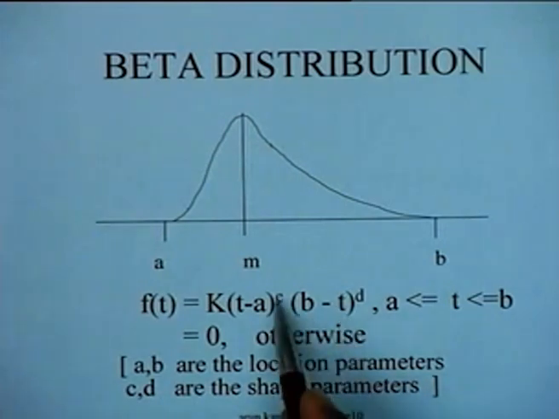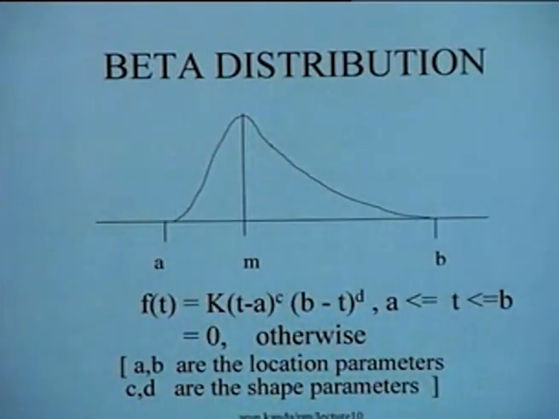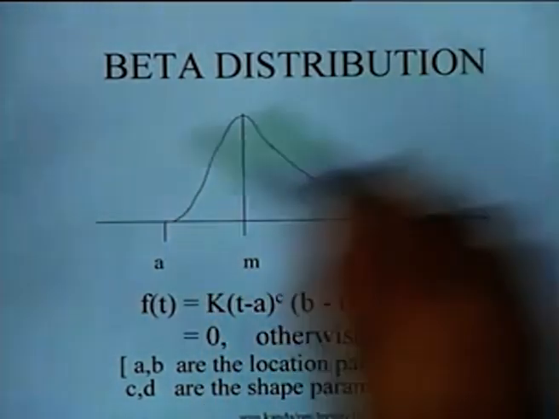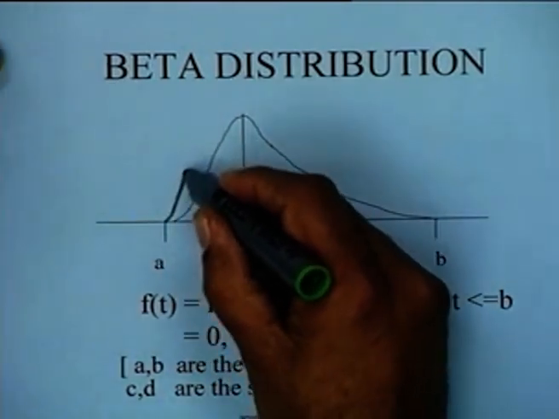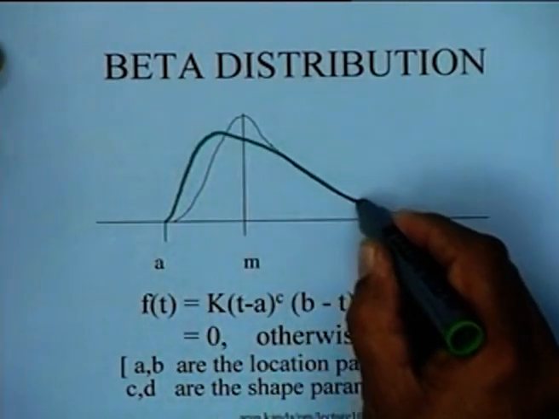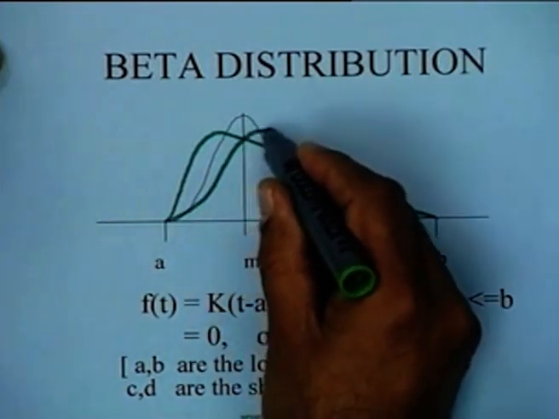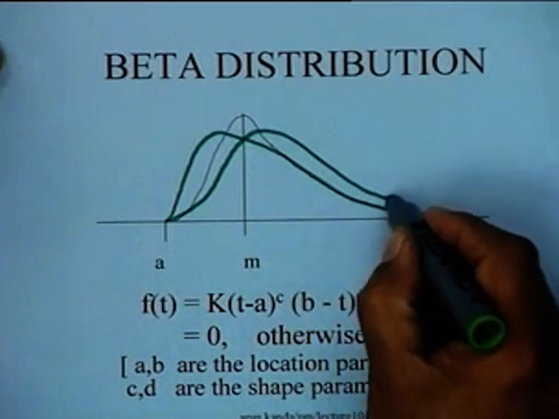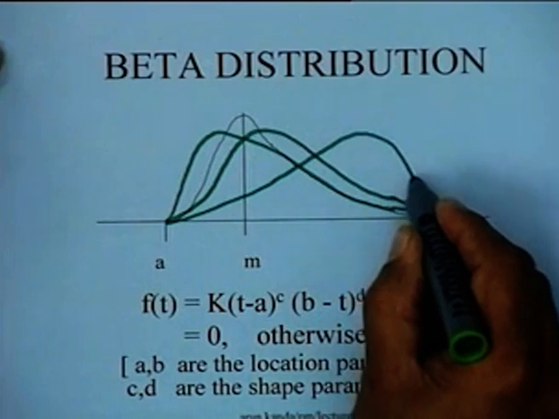In fact, by changing the values of c and d, we can get different distributions bounded between the same particular values. For instance, I would get a distribution, let's say something like this, then I could get a distribution something like this, then maybe a distribution something like this.